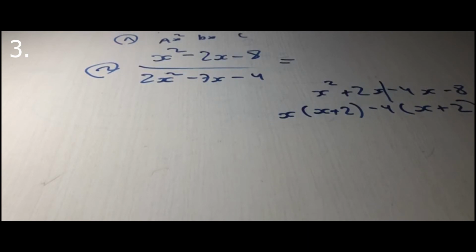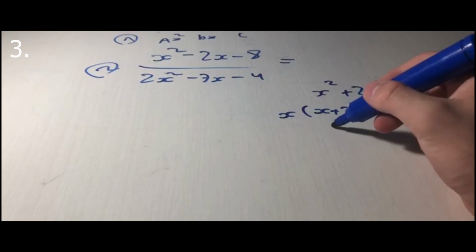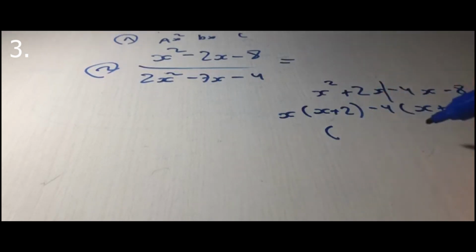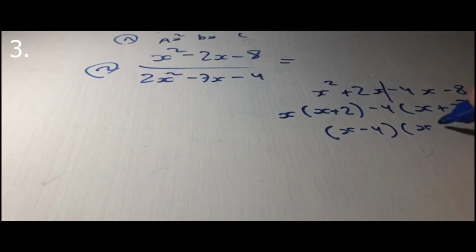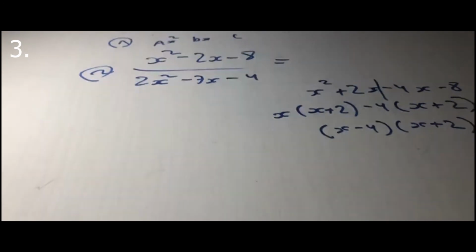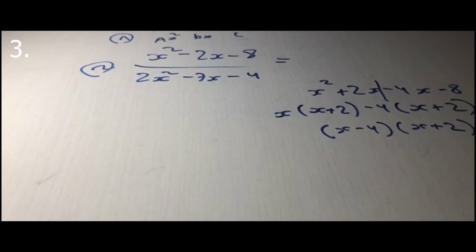Okay, so the factored form of number 1 would be open parentheses, x minus 4, close parentheses, open parentheses, x plus 2, close parentheses. So we just solved for question number 1. Okay, let's solve for question number 2, which will be right here.